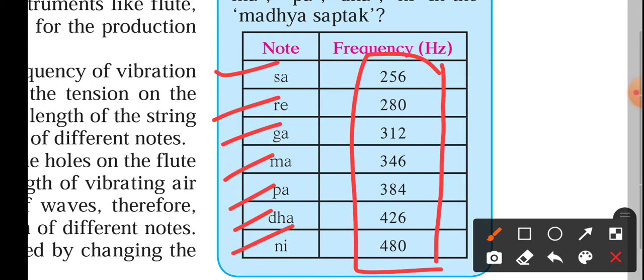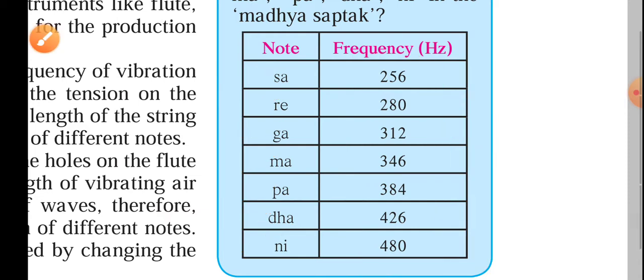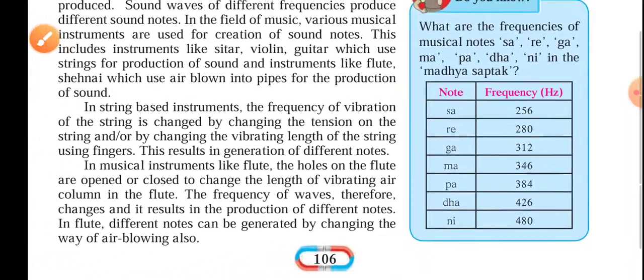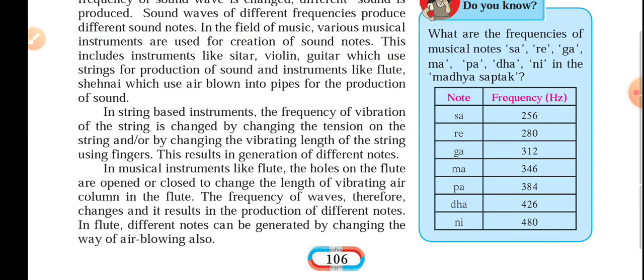So how many waves are traveling in 1 second? That's called the frequency. Here we have 256 for the sa, 280 for the re. Like that we have a different frequency for each note of the music, which is called the madhya saptak. This is called a saptak, and the intermediate frequencies are called the madhya saptak.